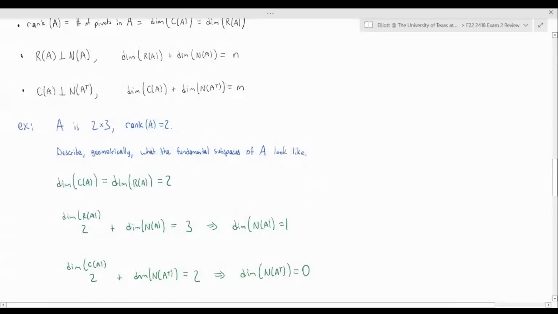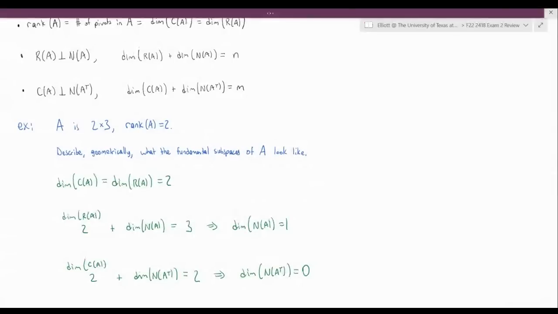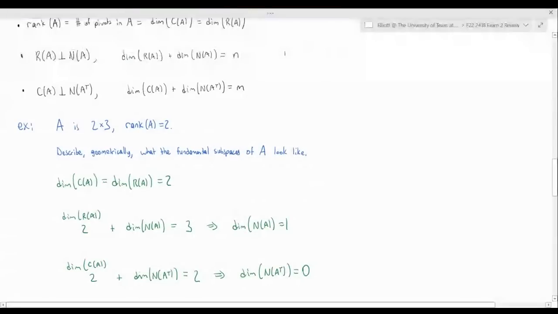Now let's see, the row space and the null space are always subspaces of Rn.